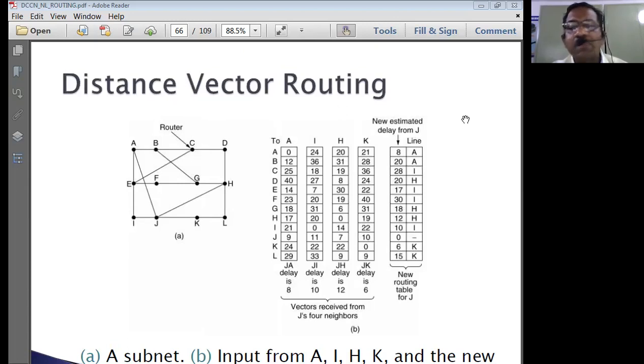But the only thing is that the communication is normally going to be assured in the case of dynamic routing, whatever the conditions may be in the network. Definitely the communication is going to get fulfilled in the case of distance vector routing, which comes under the dynamic routing algorithms.